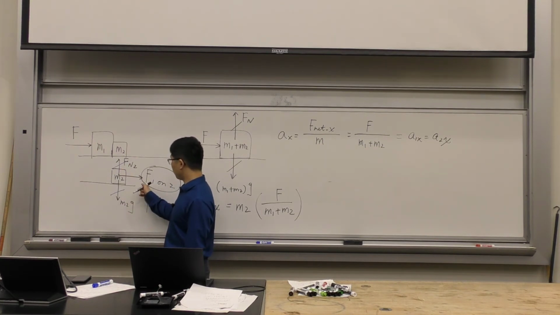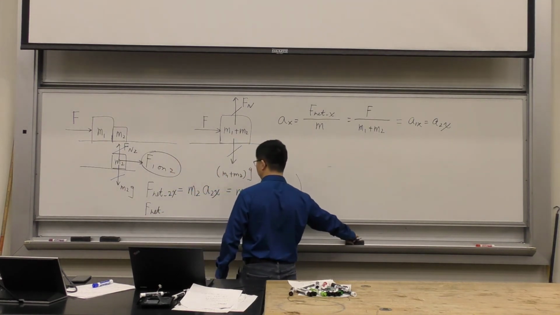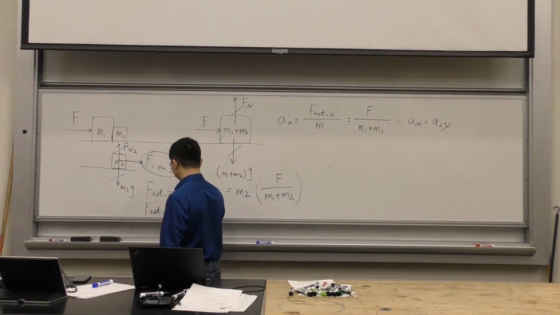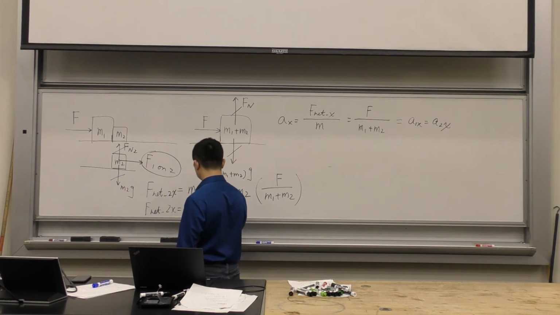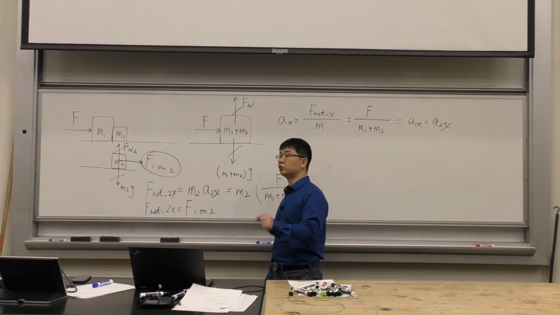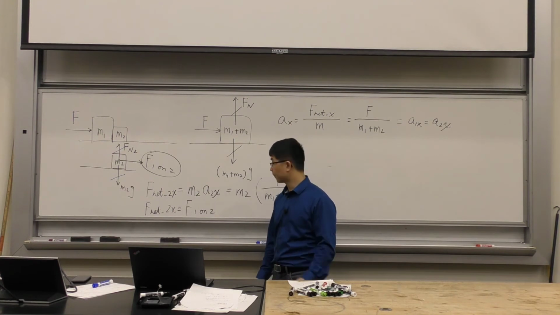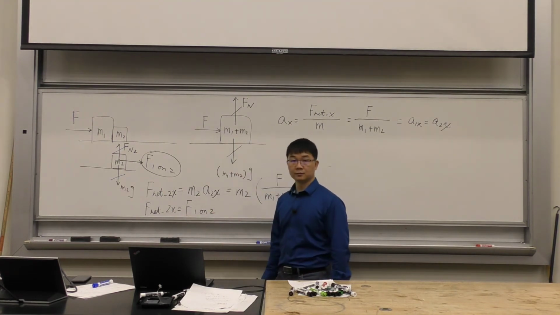The net force on M2 is just going to be the force from 1 on 2 from this free body diagram, right? Okay, so the relation between the net force and the force from 1 on 2, which is the force the problem asks me to find, it's the same. They are the same value, okay?